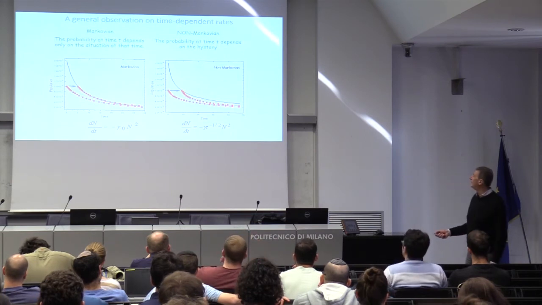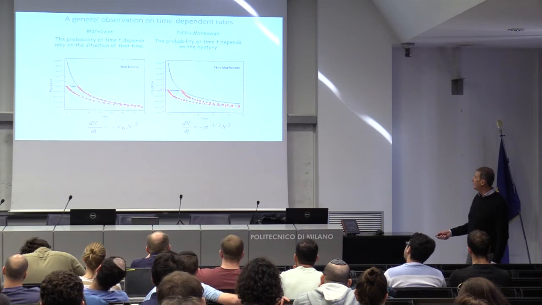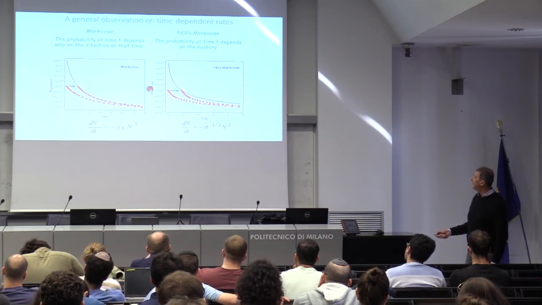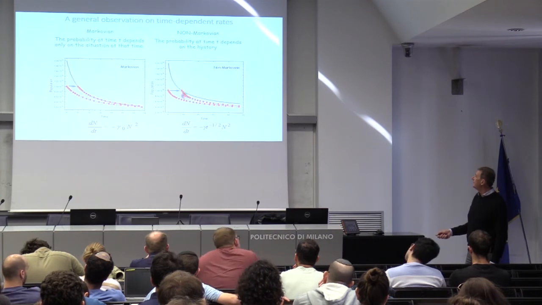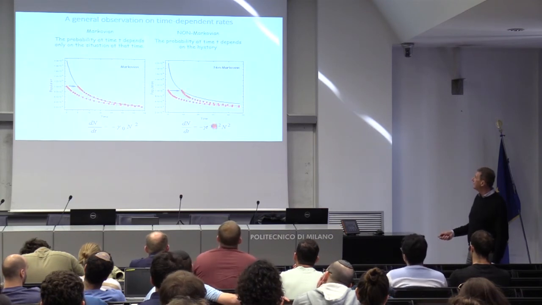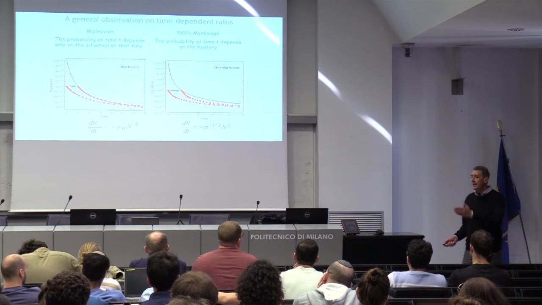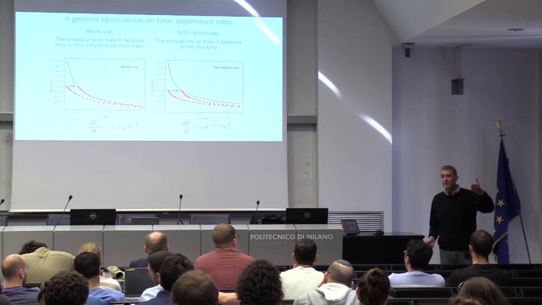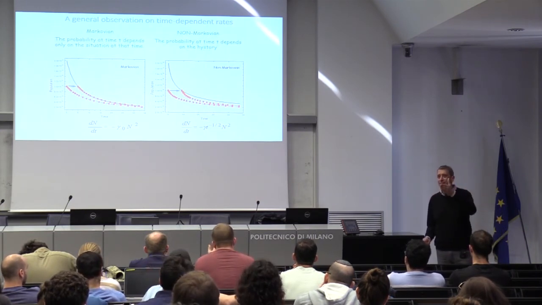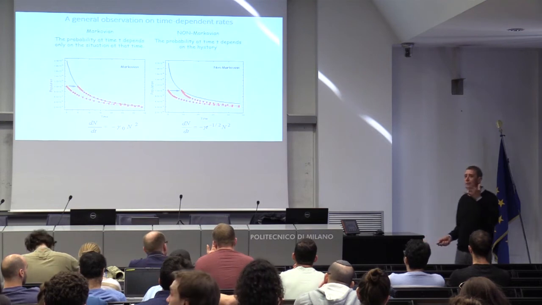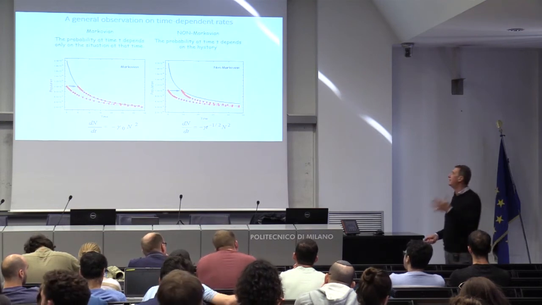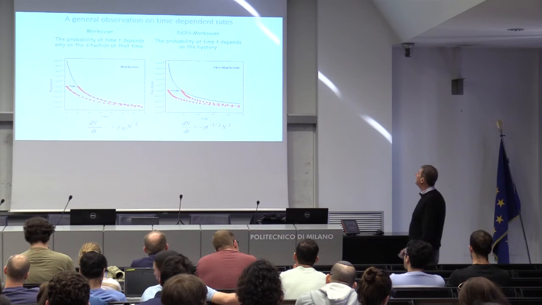So here is slower and here is faster, but the density is the same, the population is the same. The reason is that because it is non-Markovian, there is this time here, and this time is a clock, measuring from t equals 0, right? So it is a difference. It's not just depending on the population, it's depending on the history of the system. So that's an interesting observation.